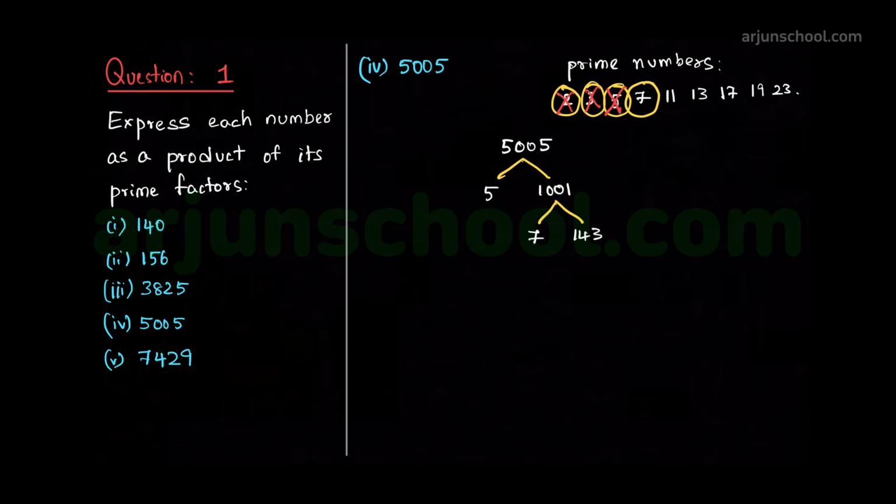Now we have 143. Let us check its divisibility by 7. 143 divided by 7 leaves a remainder. Therefore, 143 is not divisible by 7. Let us try the next prime number 11. 11 divides 143 exactly and leaves a quotient of 13.